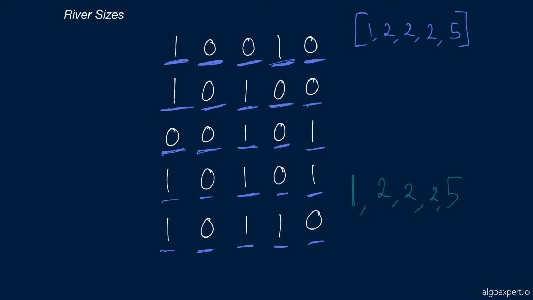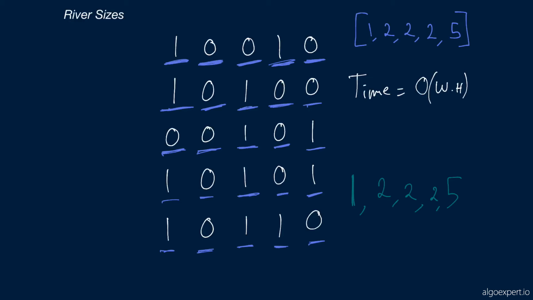Now, in terms of space and time complexity, the time complexity is going to be O of, and here it's important that we be careful with our variables. It's going to be O of W times H, where W is the width of the matrix, so the length of a row, and H is the height of the matrix, so the length of a column.